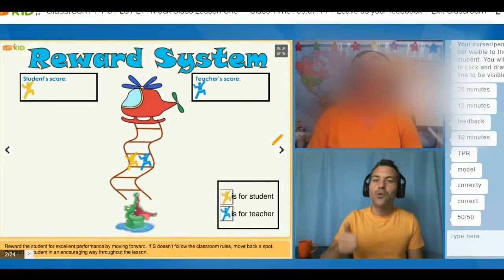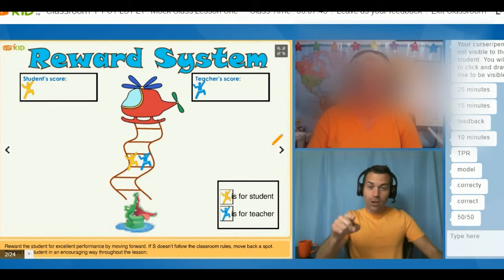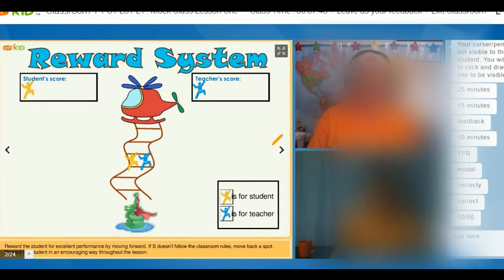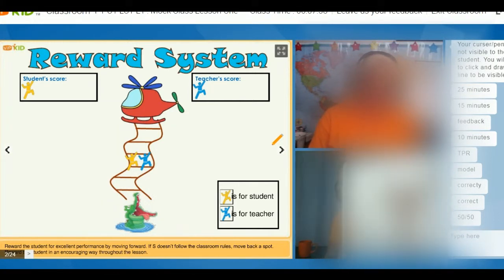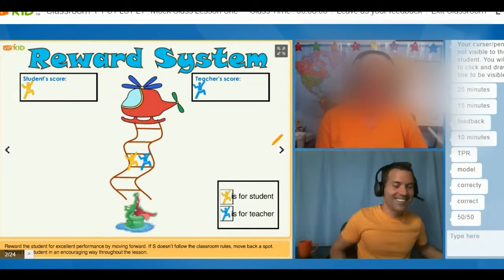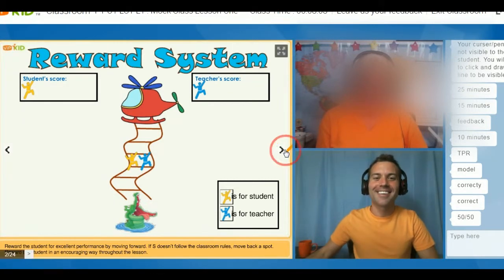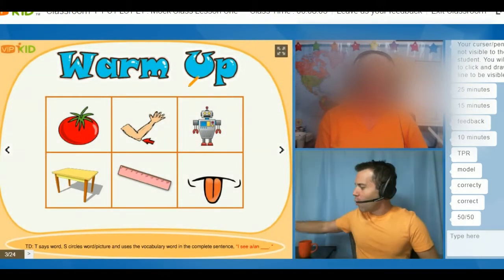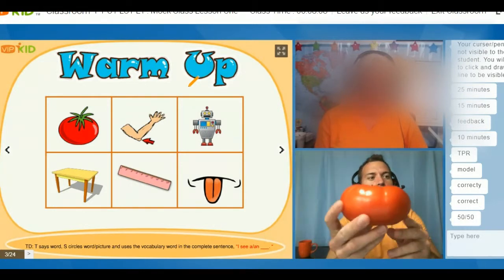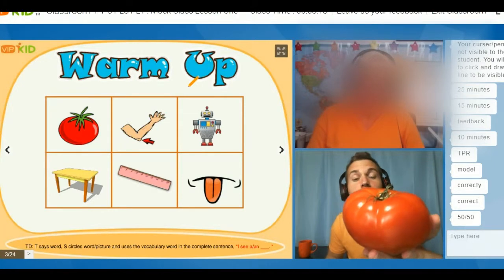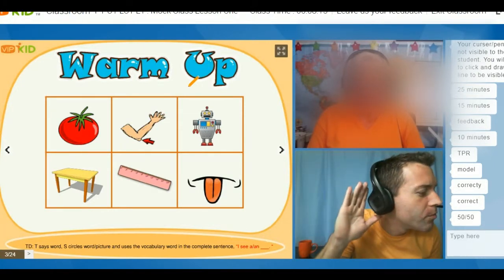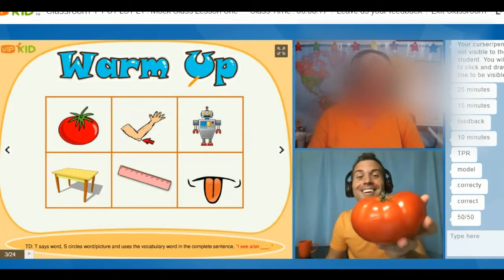When you do a good job, you get 1 leaf on your tree. Good. What do you see? Tomato. Good.